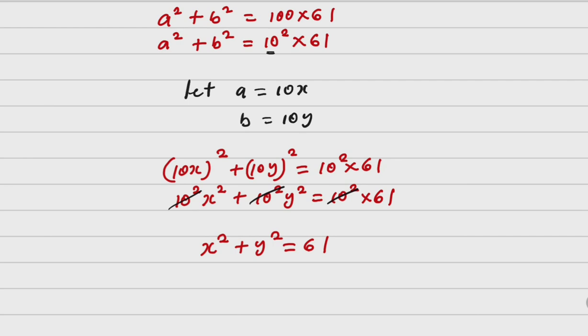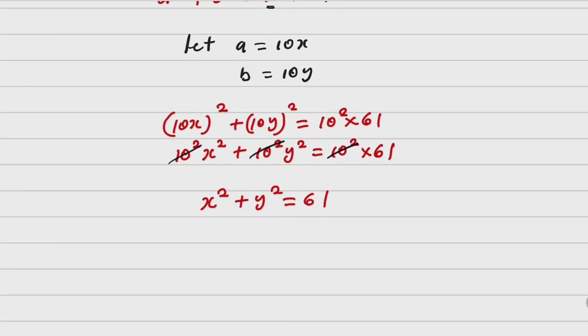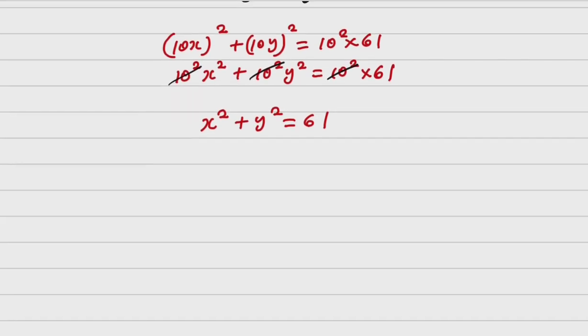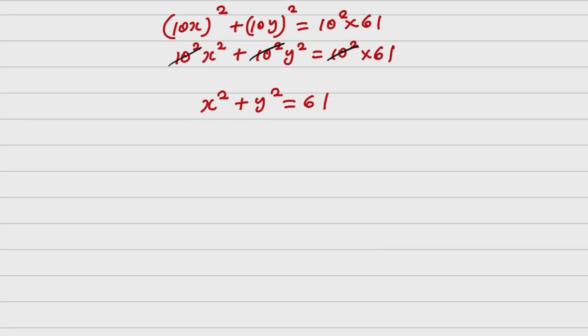Now, if you check this very well, it's like we've succeeded in reducing the values of the question, but we've not really solved anything. But it is okay because of a good step we've taken. Another trick that we are going to be using here is, since this is square and this is square, why not let's find the squares that will add up to 61.